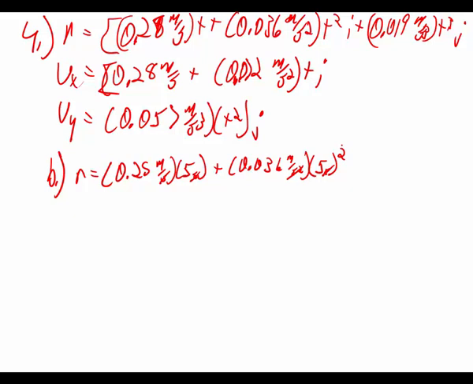Squared and squared cancels out. Plus, and of course that's i, that's all i, plus 0.019 meters per second cubed, and it works out beautifully, 5 seconds cubed, and that's j. So cancel, cancel, cancel, so we're all in meters, so that's perfect.